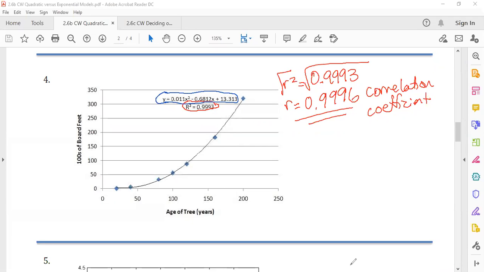Come on, we're trying to remember. The closer my correlation is to 1, then my function is what? Hope you guys are shuffling through your notes right now. Yeah, stronger correlation.